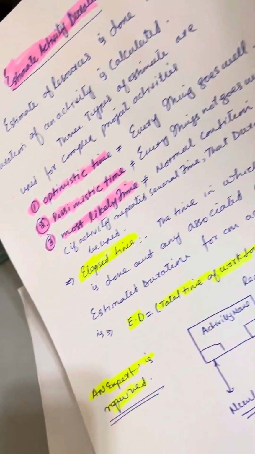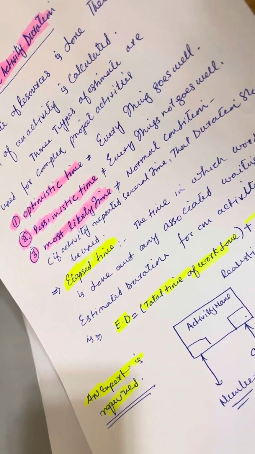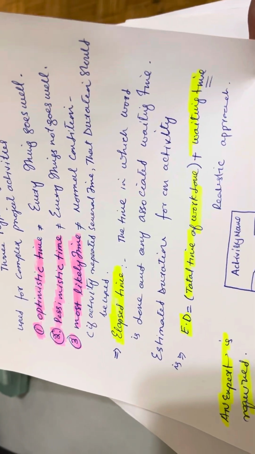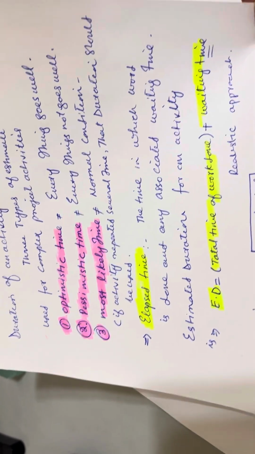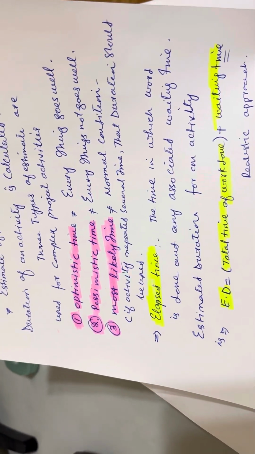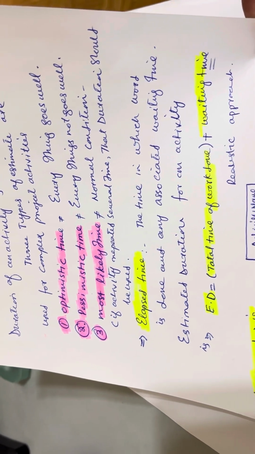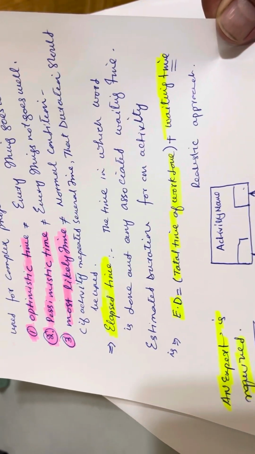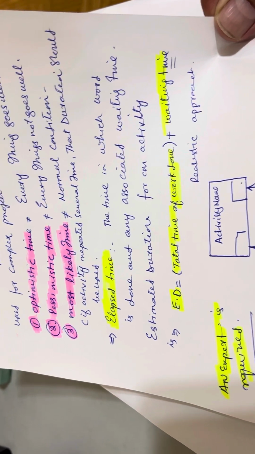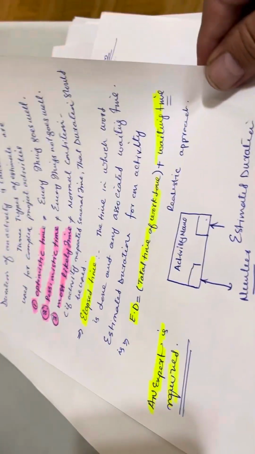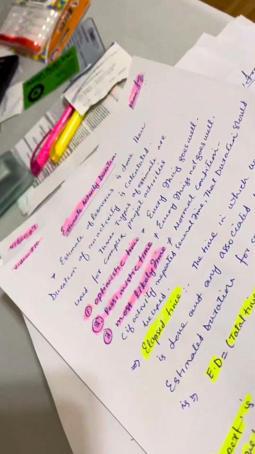So today I covered activity estimate duration: optimistic time, pessimistic time, and most likely. Take a look in your book and see what they are in the statistical calculation of the duration, keeping in mind all the resources. We discussed the elapsed time, and this is the diagram of the activity duration. Thank you guys, and have a nice day.